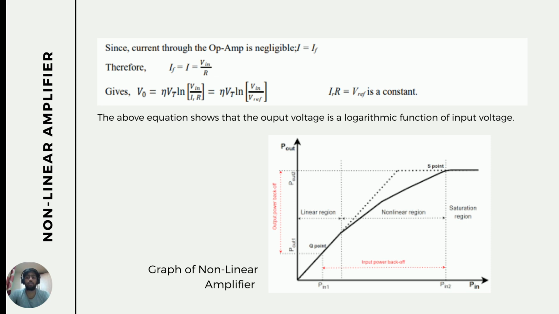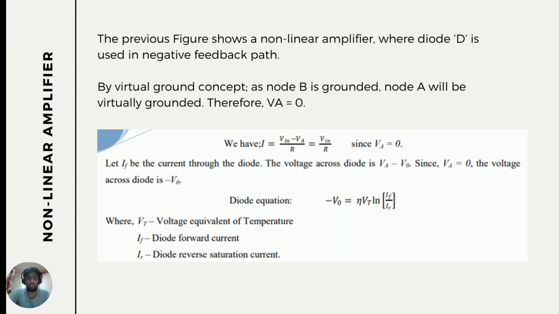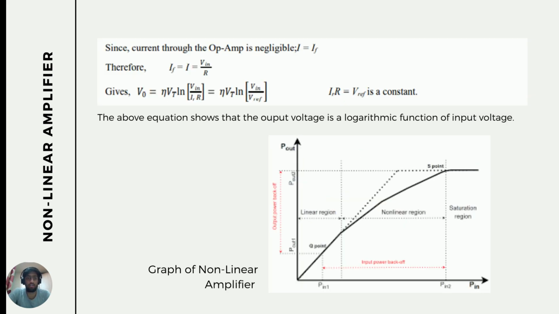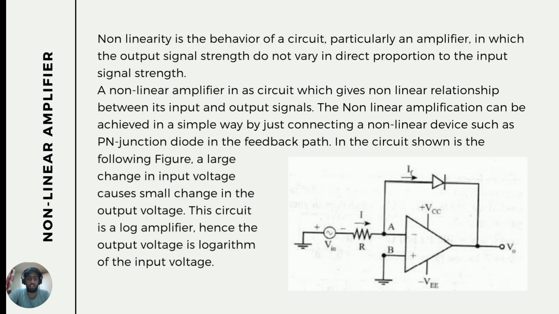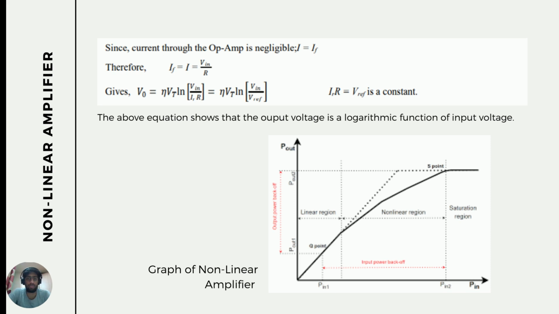Therefore, IF equals I equals input voltage by R. When you substitute IF in the diode equation, we get V naught equals nu VT ln of V input by IR into R. IR into R is the reference voltage, and it is always a constant.